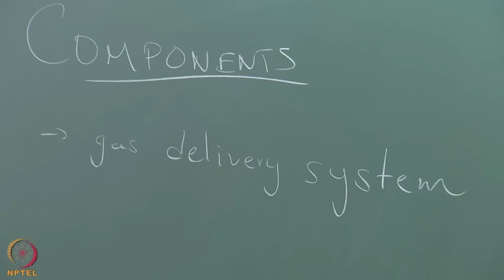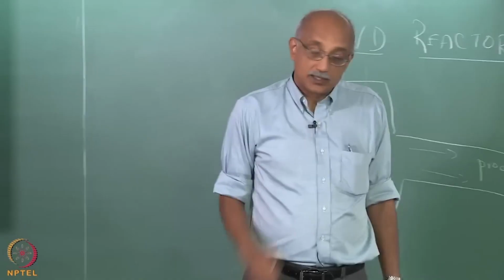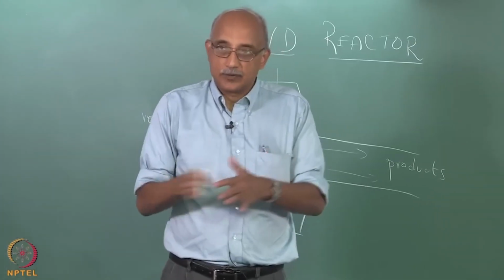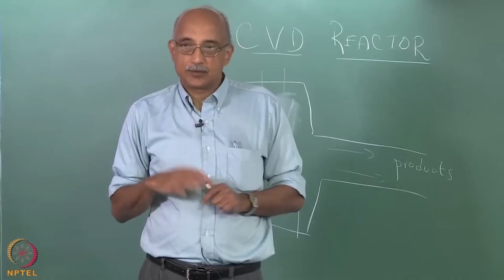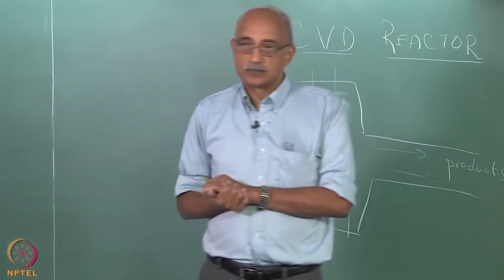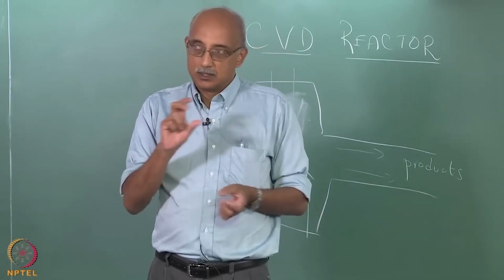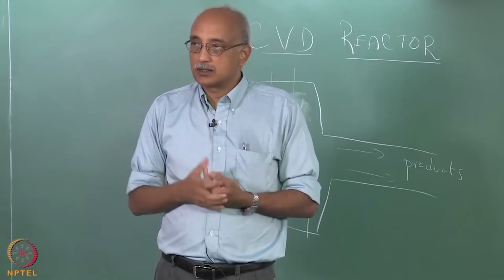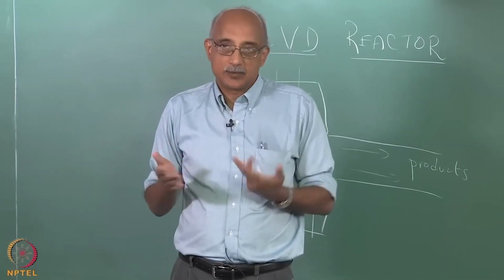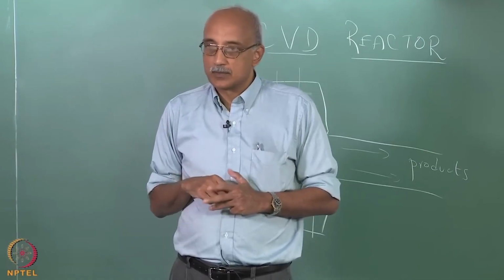All the reactant gases have to be delivered to the reactor in such a way that they do not react on the way. So, either you have to have multiple inlets for the reactive gases, or you have to ensure that the temperature and pressure conditions during the flow into the reactor are such that chemical reactions cannot happen that result in the formation of a condensate.